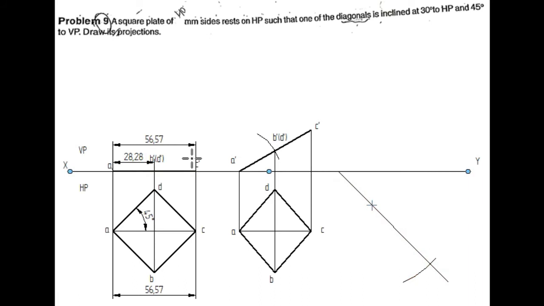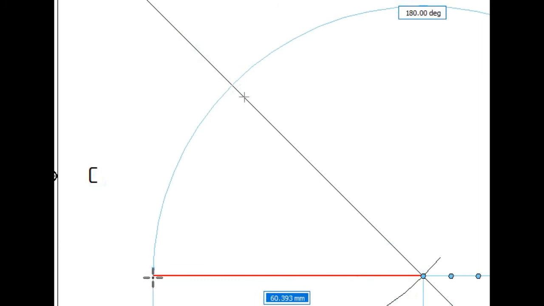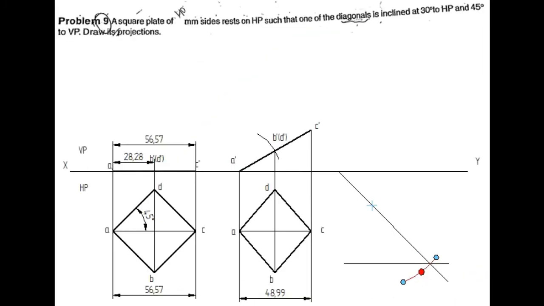Now I will measure this distance, this diagonal AC. It is 48.97. Before that I will draw a locus line. Now what is the distance? 48.99.